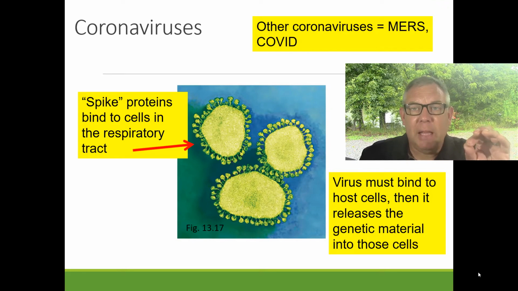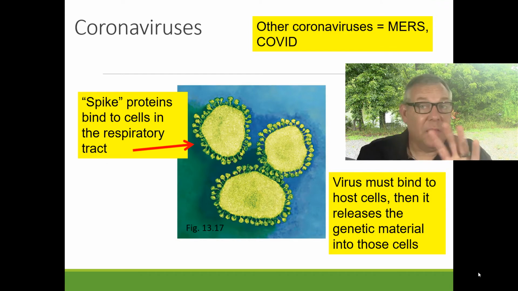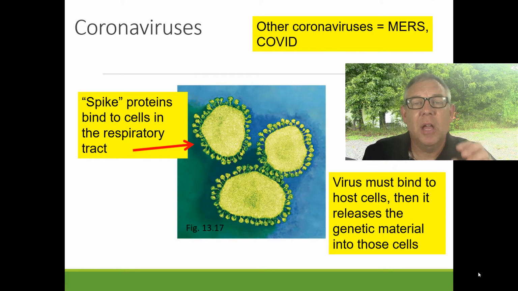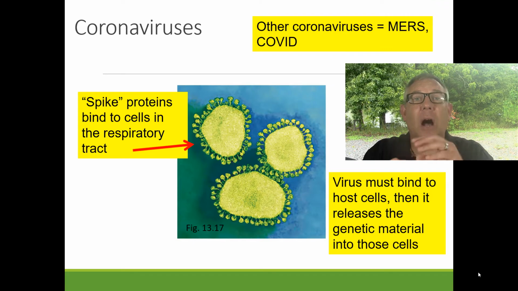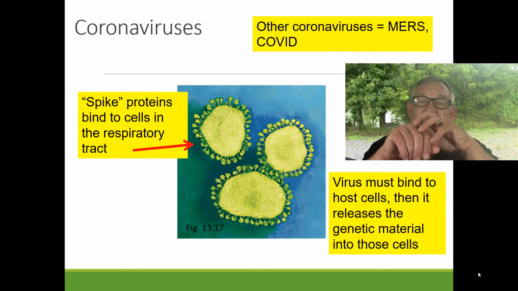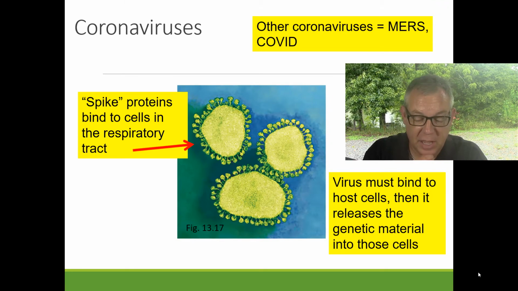And it's these spikes that allow it to bind to your cells. Again, that's not unique to this virus. All viruses do this. All viruses need to bind to the cell membrane of their host. And when they bind to the cell membrane of their host, then they can get into their host cells.